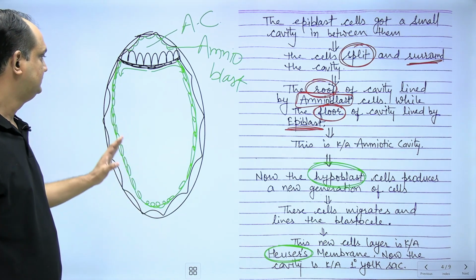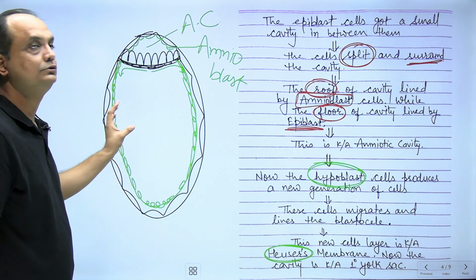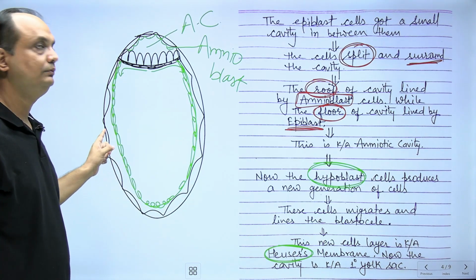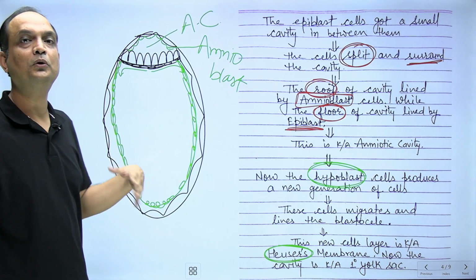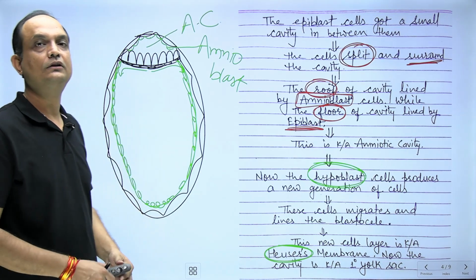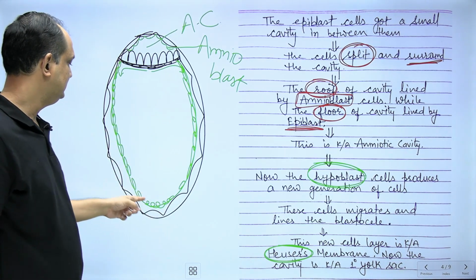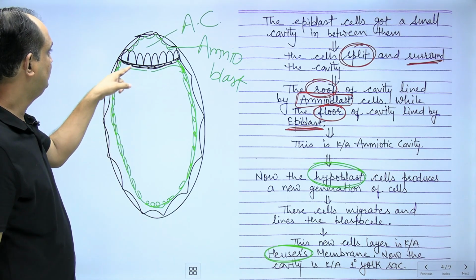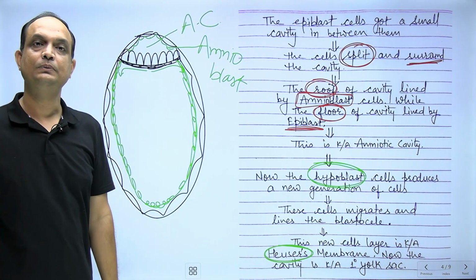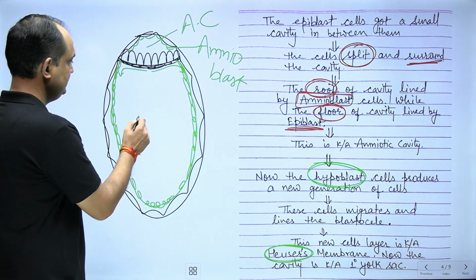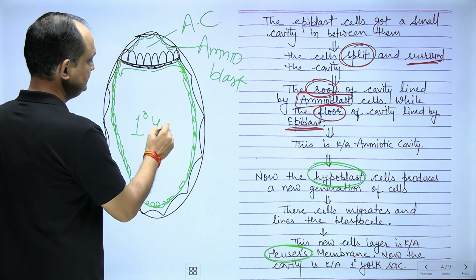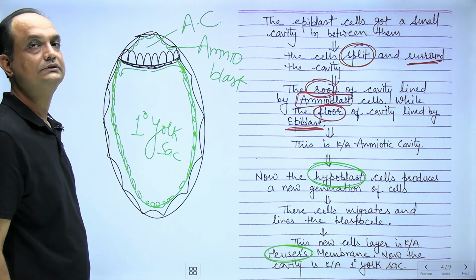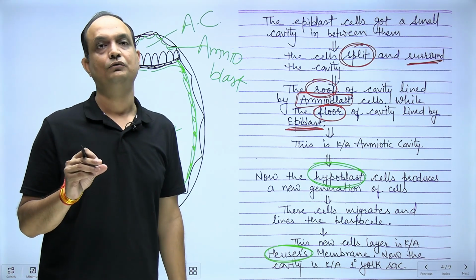So my dear students, now this blastocele cavity, which earlier was lined by the cytotrophoblast cells, is no more known as blastocele, because it is now lined on one side by the Heuser's membrane, and on the other side by the hypoblast cell layer, and now it is known as primary yolk sac. This primary yolk sac cavity is also known as primary umbilical vesicle.